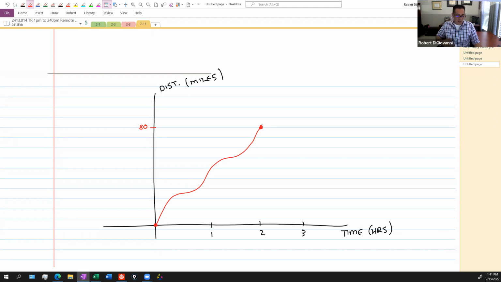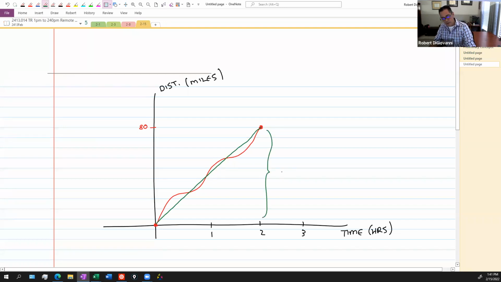So it's great to know that if you connect these two endpoints, the slope of this green line, which is a secant line, would give you the distance you traveled, 80 miles, over the time it took you to travel, 2 hours. 80 over 2 is 40 miles per hour.